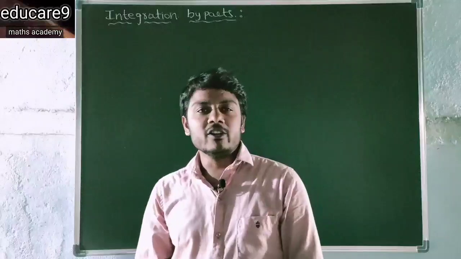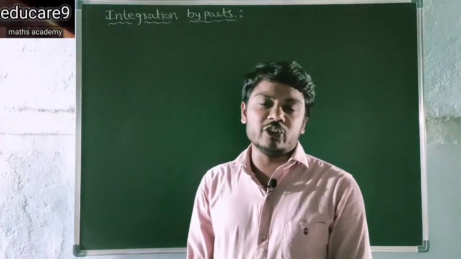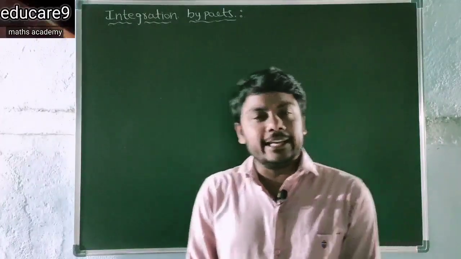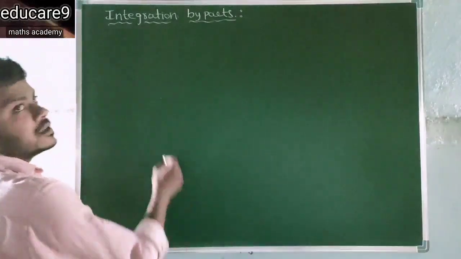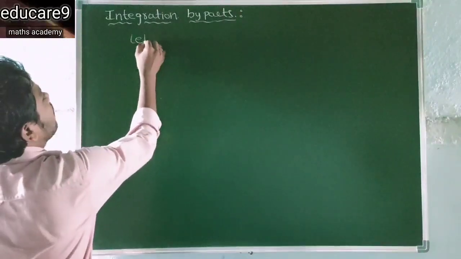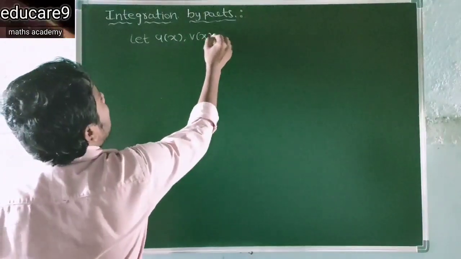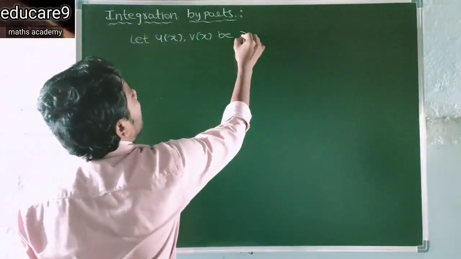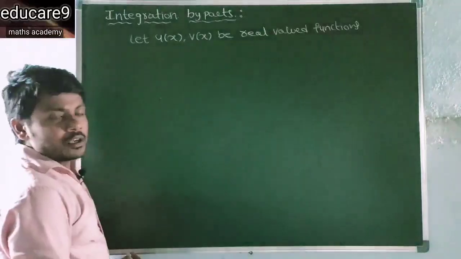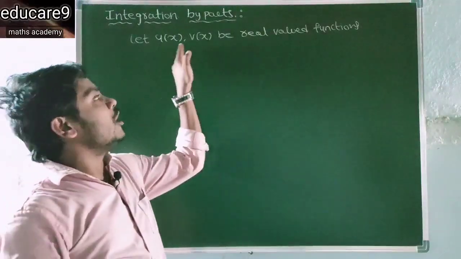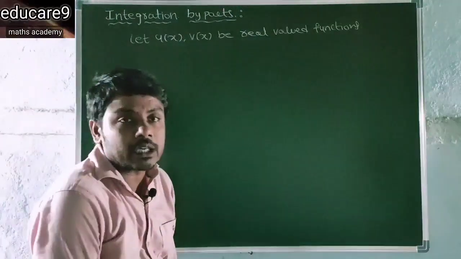Hi, hello everyone. For this session, we will discuss a new topic: integration by parts. Let u of x, v of x be real valued functions. Now you know the derivative of u of x times v of x, that is the product rule.